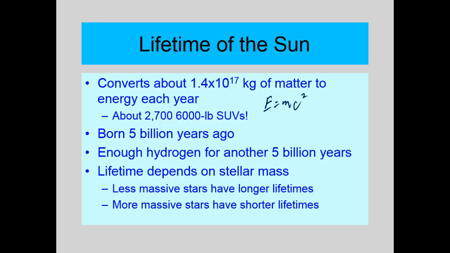So the less massive stars will have longer lifetimes, as in trillions of years, whereas the most massive stars have very short lifetimes, only measured in millions of years, which seems pretty long to me, but it's not nearly billions or trillions. So the most massive stars have the shortest lifetimes.